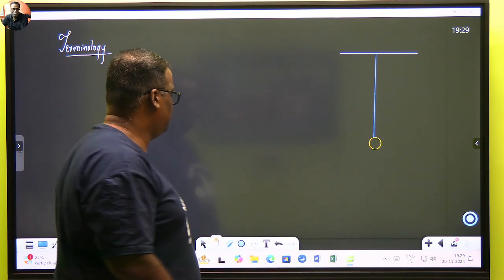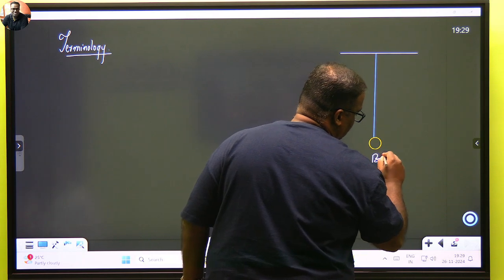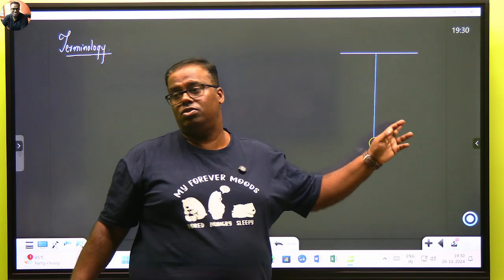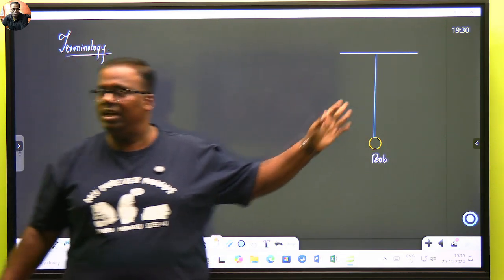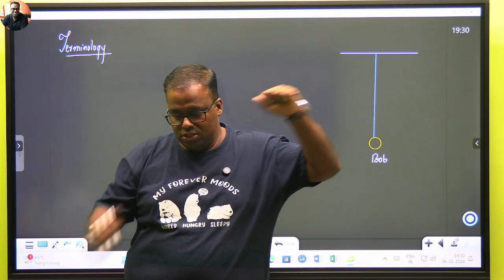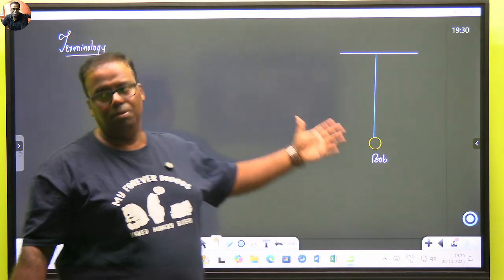So let's name it. This is known as the bob, and there is a string, and the length of the string is finite, which means the string is not elastic. It does not increase due to the bob being hung on it, right? This is a simple pendulum.